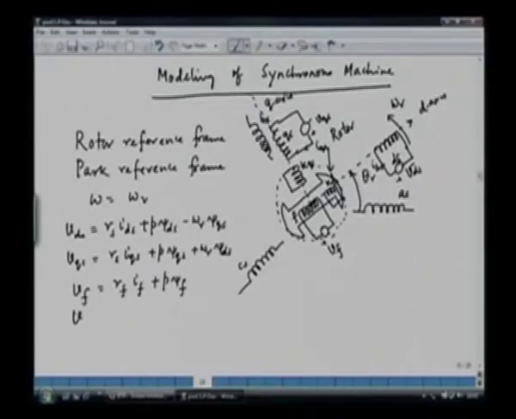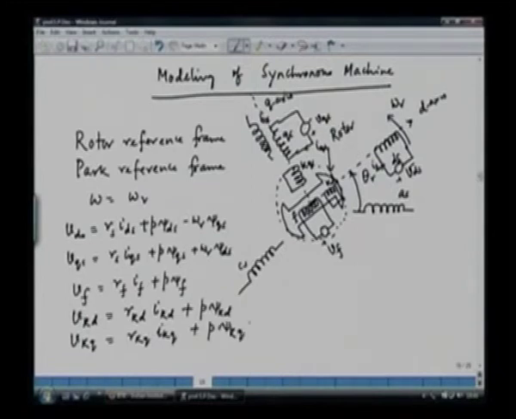Similarly, for the damper winding, VKD is equal to RKD IKD plus P psi KD, no rotational induced EMF. VKQ is equal to RKQ IKQ plus P psi KQ, no rotational induced EMF.